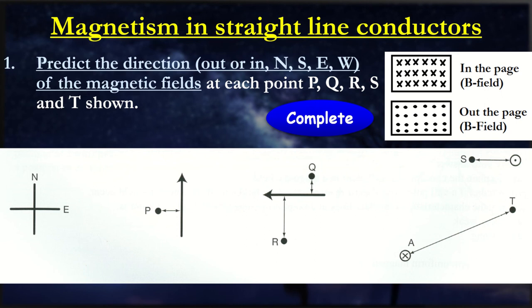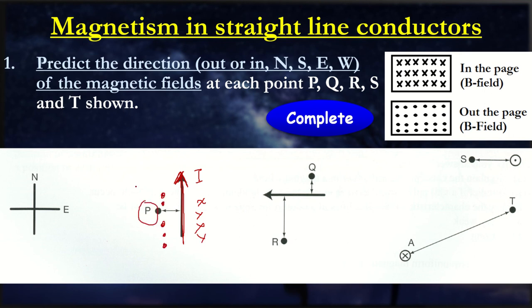Alright, so using the first example we have here, this is for a straight line conductor, assuming that this current is going upwards. So your fingers curl around the conductor. If I imagine I'm latching on to this arrow here, my fingers are going into the page here, and pointing out of the page in this direction here.